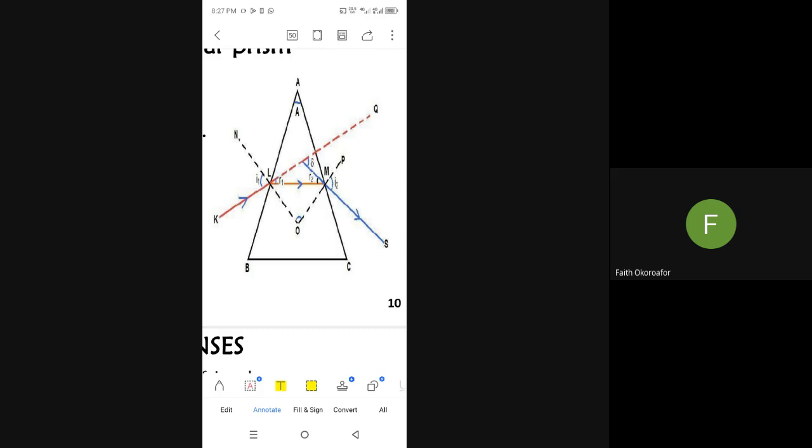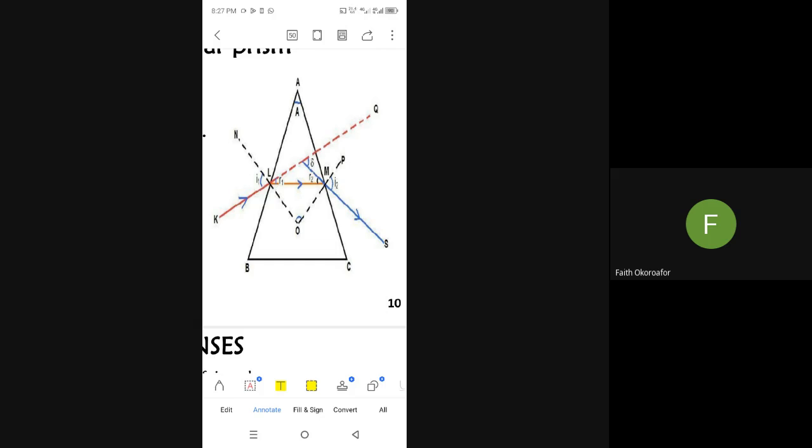Can you see that? So R1 is the angle of refraction. Now, did you see R2? Did you see S? So now the blue line S and K, did you see S and K?